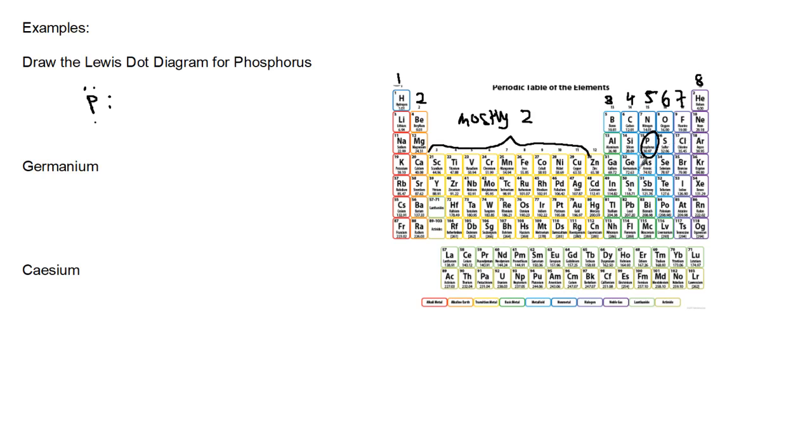Right there. That's 4. So Ge, 1, 2, 3, 4. And cesium is 1, because it is an alkali metal. I know that. Cesium, Cs, right there.